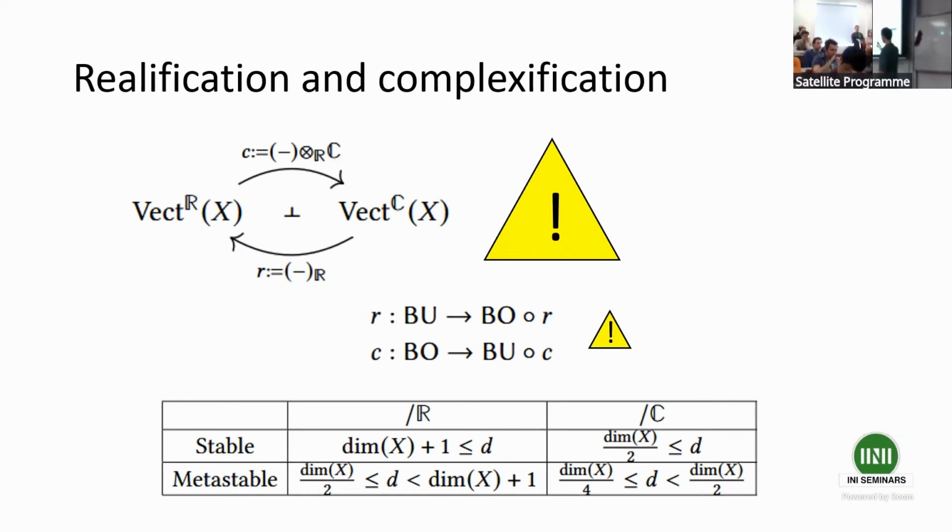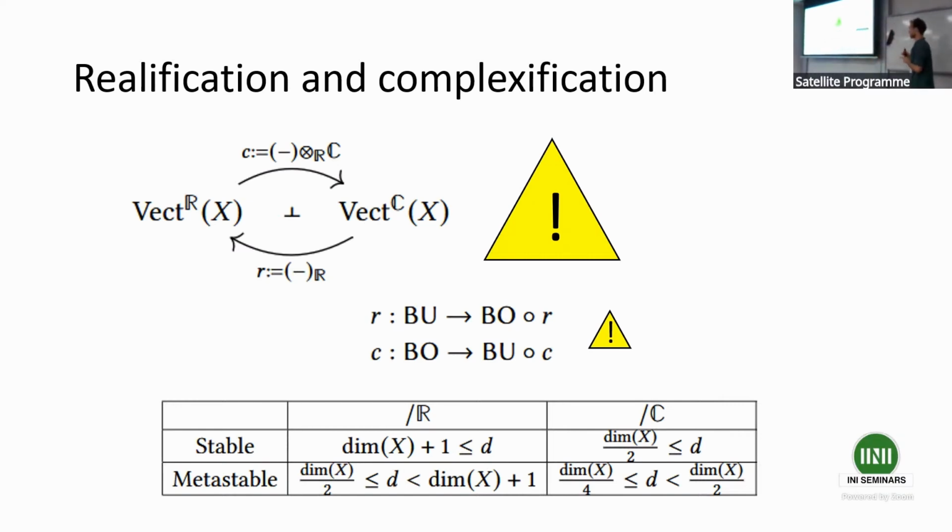What you can nonetheless do is have these maps R for realification and C for complexification as natural transformations between functors in the calculus. Something which is a bit counterintuitive is that R is now strictly internal to the complex calculus, the unitary one, and C is now strictly internal to the real calculus. This makes me scratch my head every time, but the point is that both of these functors eat a complex vector space and both of these functors eat a real one.